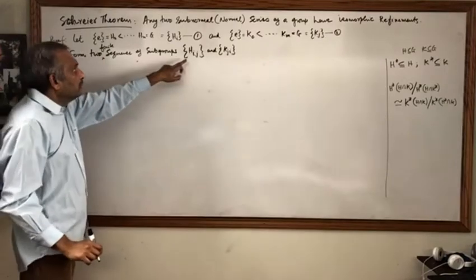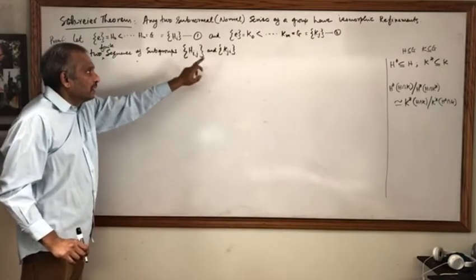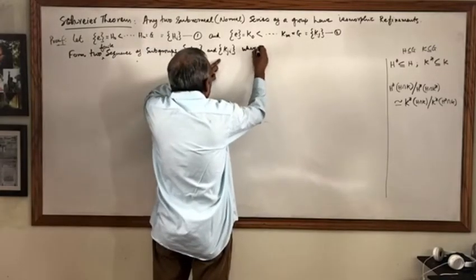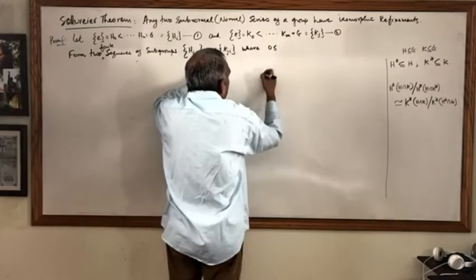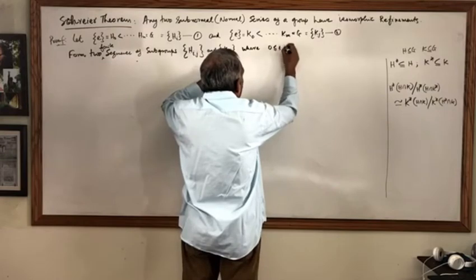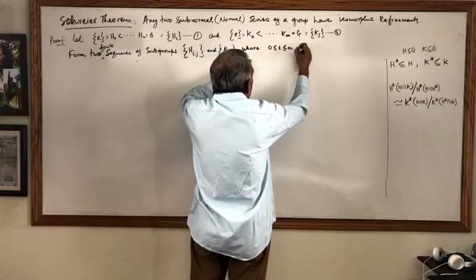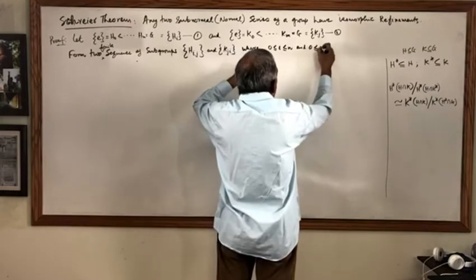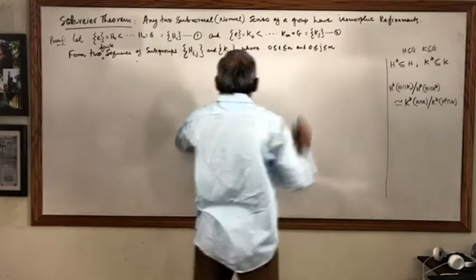I'm going to define what these are, where 0 ≤ i ≤ n and 0 ≤ j ≤ m.